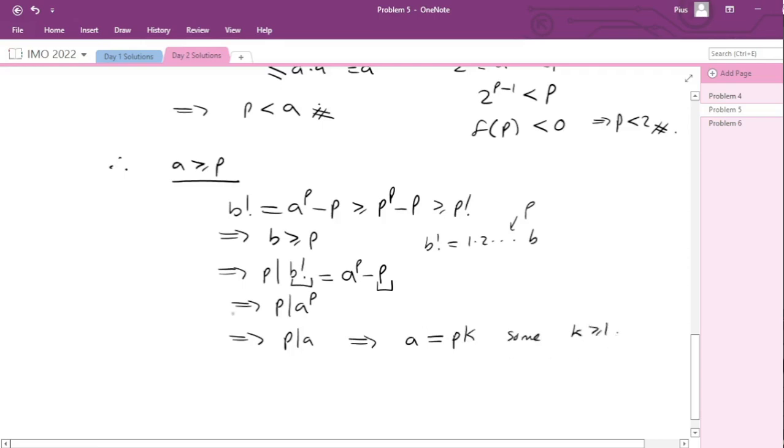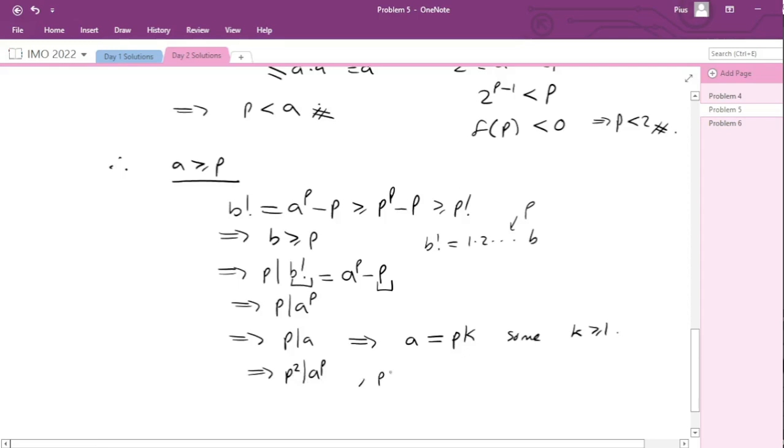So k is a positive integer. Since a is p times k, then we have that p squared has to divide a raised to power p, because p is at least 2. So p divides a, so p raised to power p actually divides a raised to power p. In particular, p squared divides this.